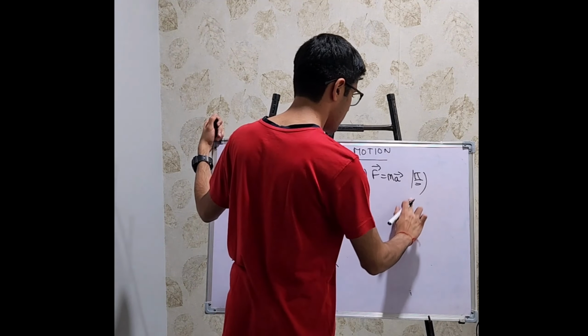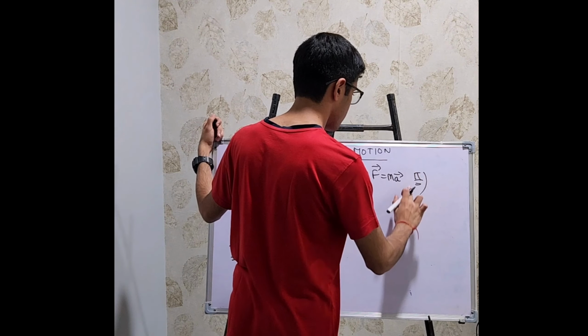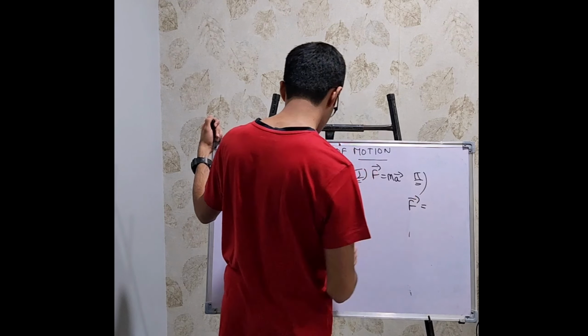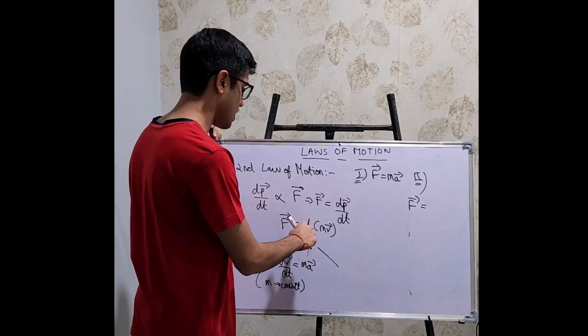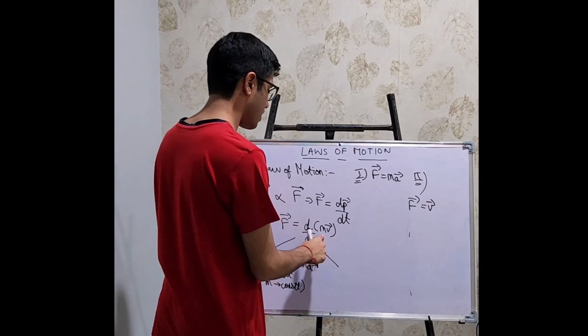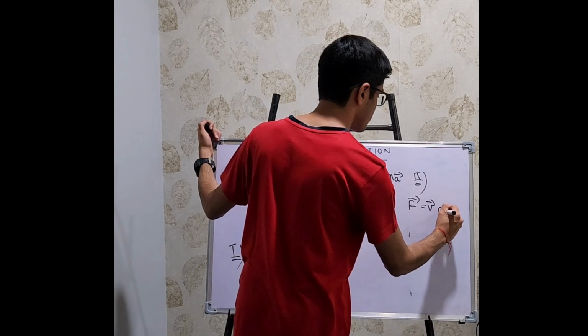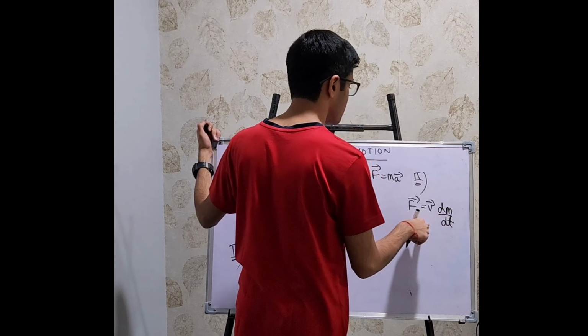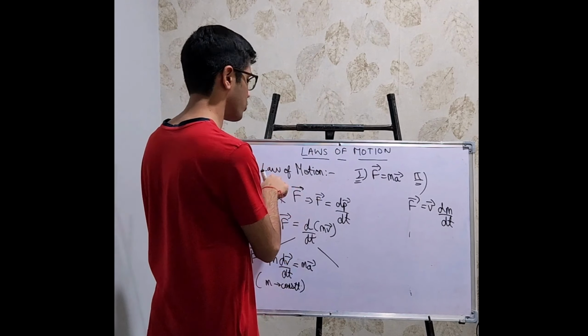So in the second case we get that F is equal to, we bring the velocity out since it's a constant and the mass is changing, so the differentiation will be of the mass with respect to time. This is the second meaning of the law of motion.